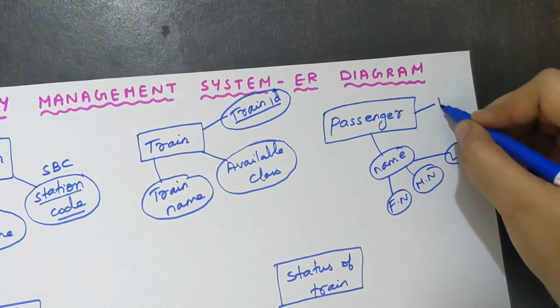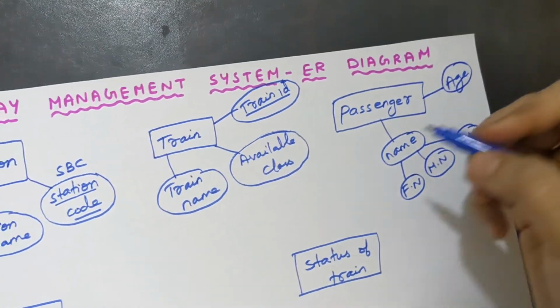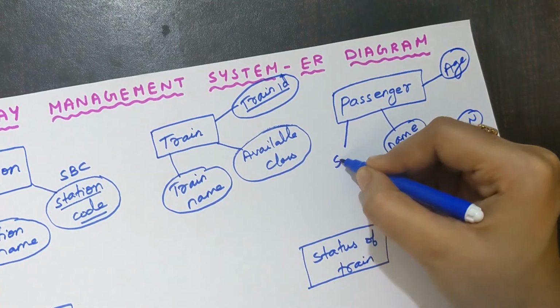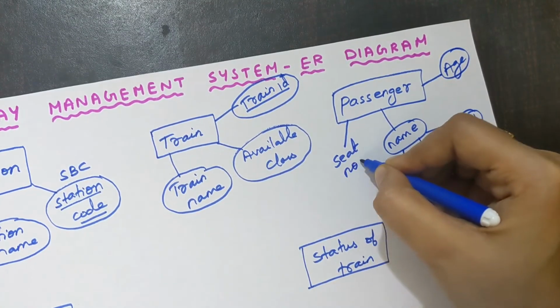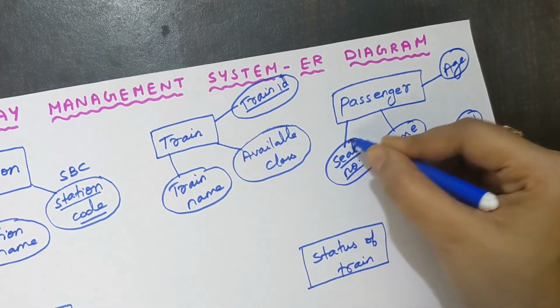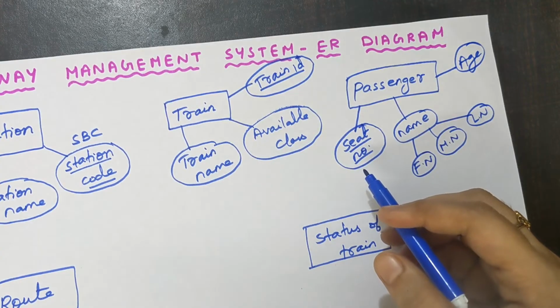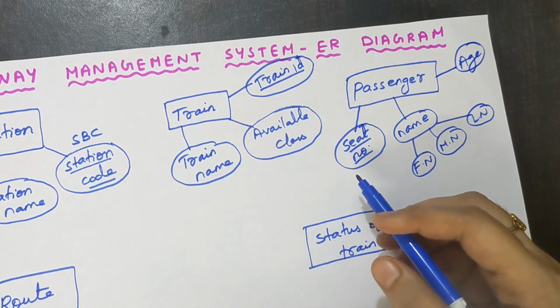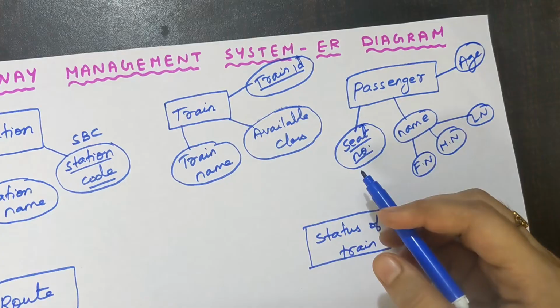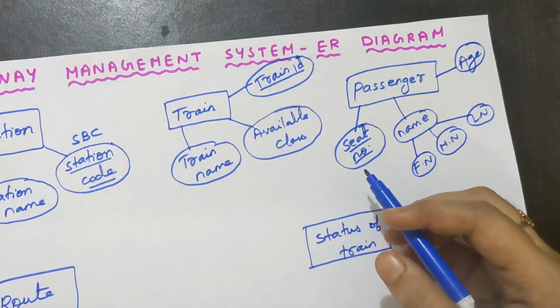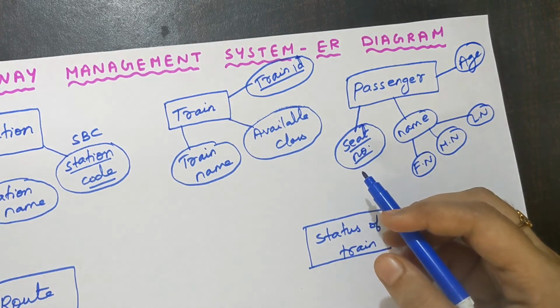Next, age of the passenger. Next, seat number of the passenger. This also should be underlined because it is a primary key. Now, if the seat of the passenger is 32, the same number 32 will not be given to any other passenger traveling from the same place to the same destination.